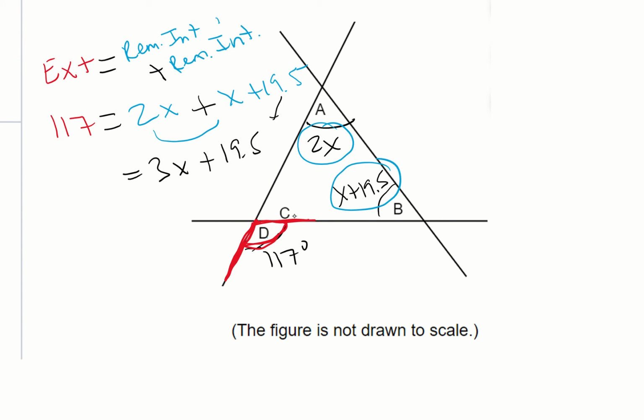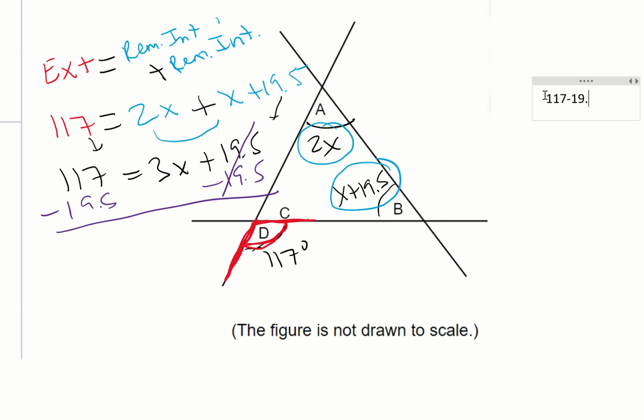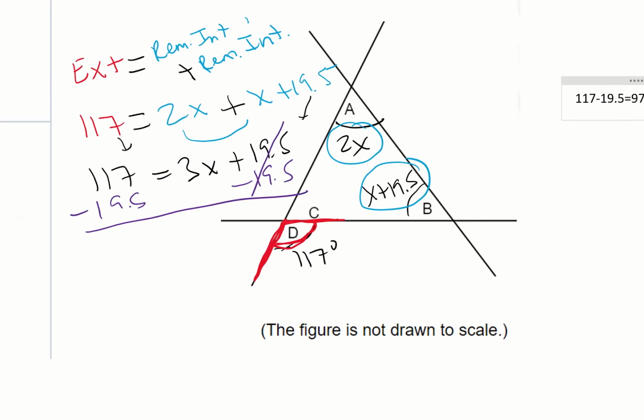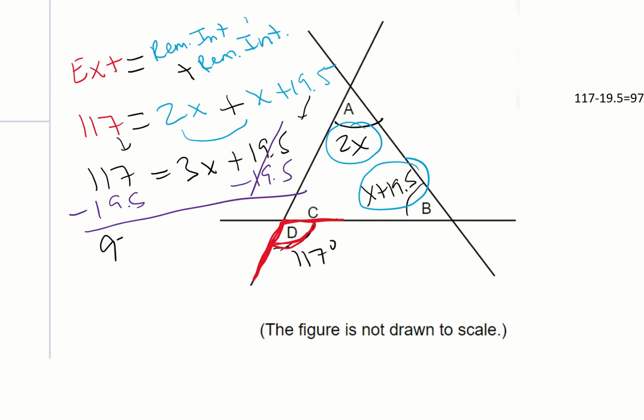We just bring that down. Let's subtract the 19.5 on both sides. So 117 minus 19.5. Not going to do mental math there because I will probably mess it up. So we got 97.5 is equal to 3x. We'll divide by 3 on both sides.